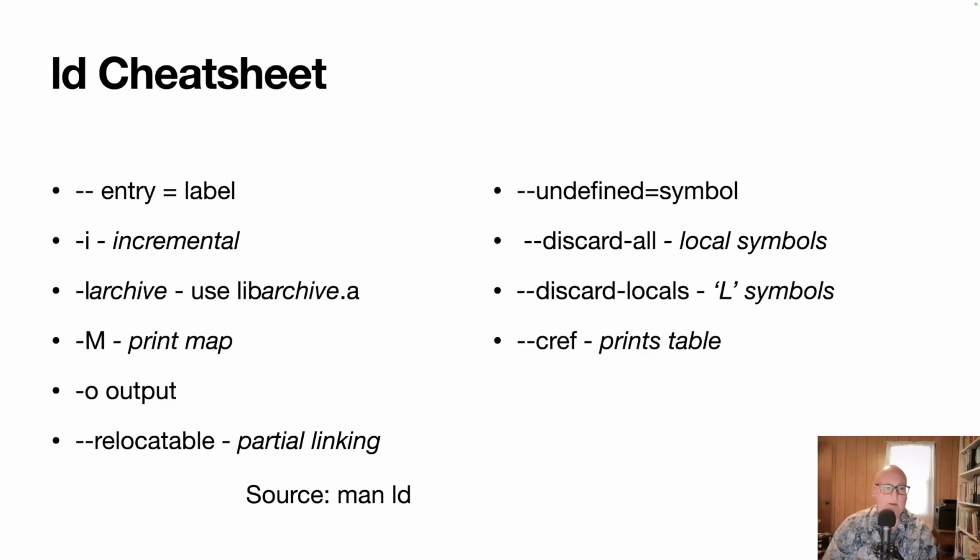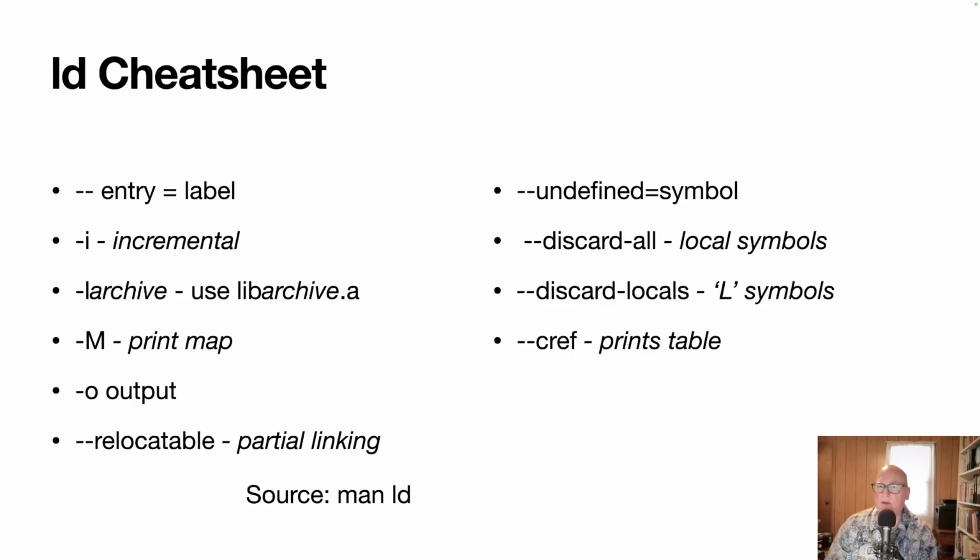M prints a map. O tells where to put the output. Relocatable says you want to do partial linking. I don't think I understand incremental versus partial, maybe. Undefined symbol, you can get rid of a symbol somebody defined.